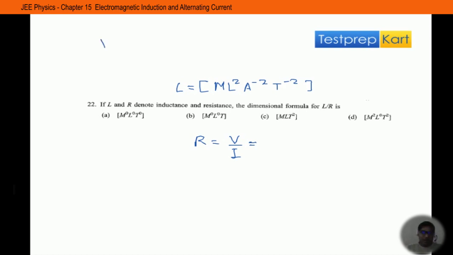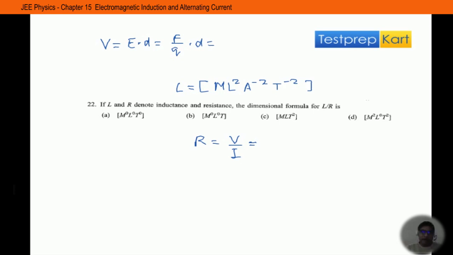Remember that voltage is equal to E into d, and E is force upon charge, force per unit charge, into d.